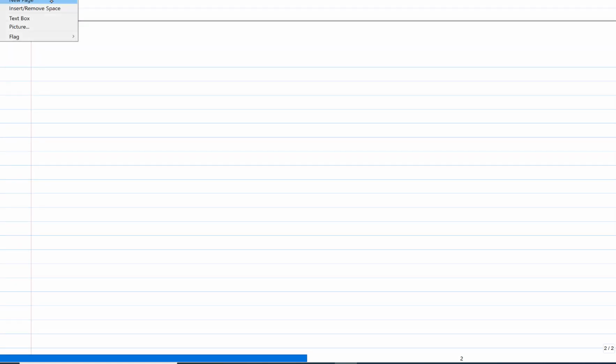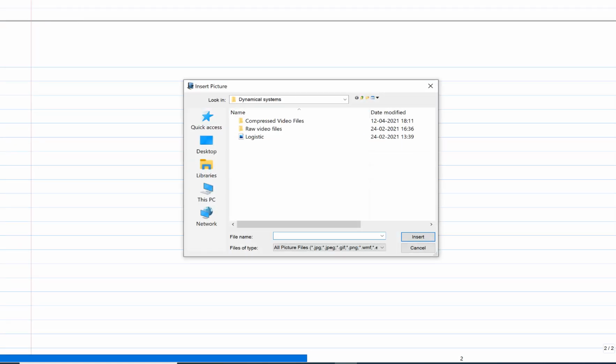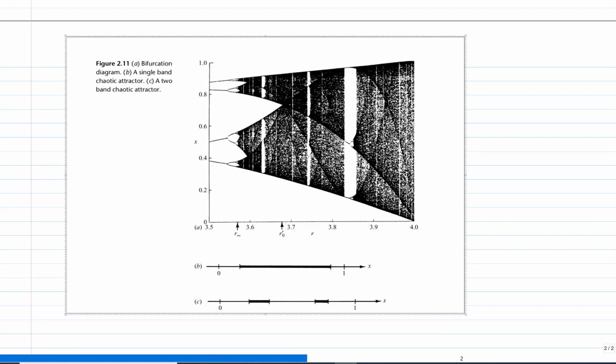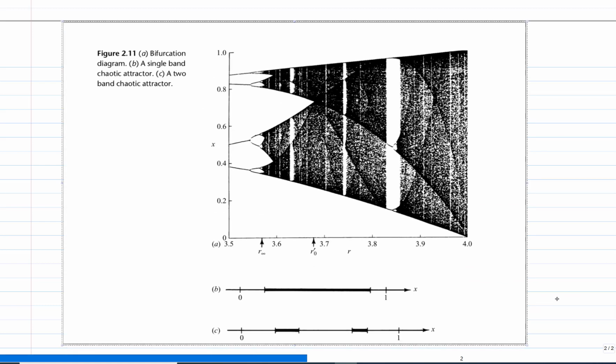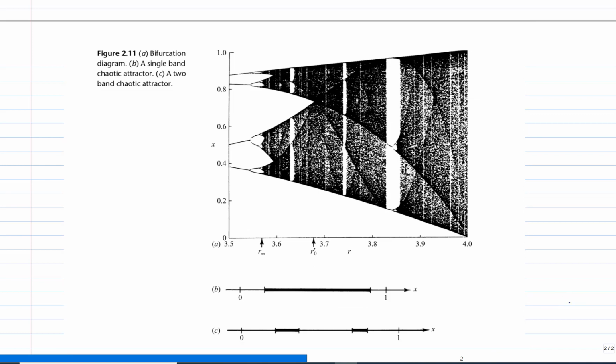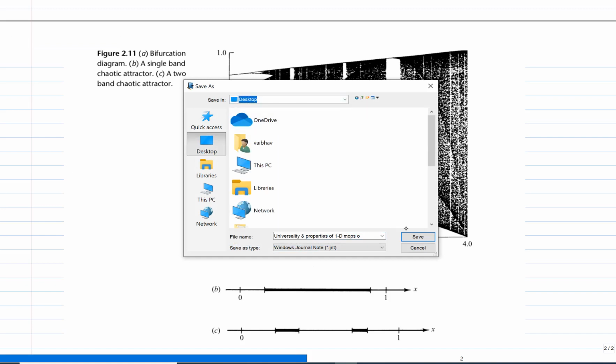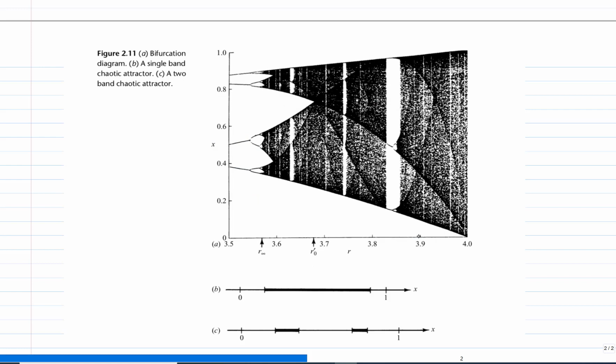So that we do on the next page. So this was the bifurcation diagram or the orbit diagram, you can say, for the logistic map.